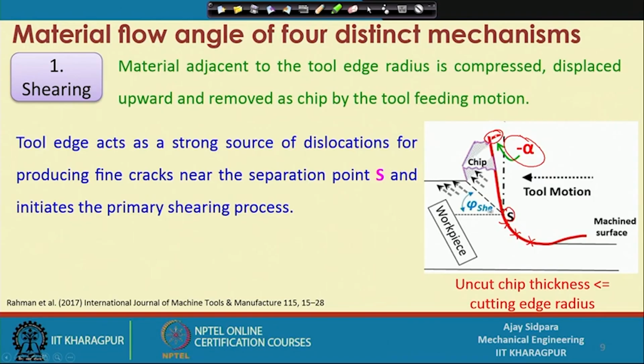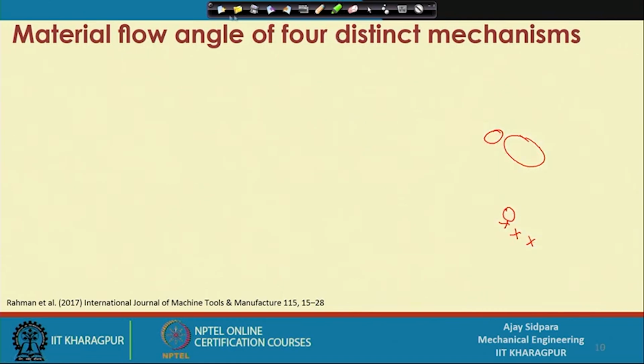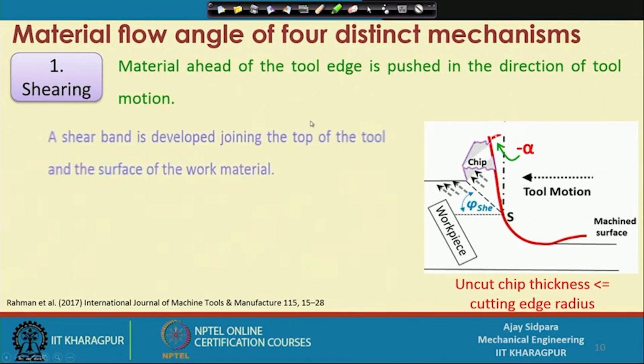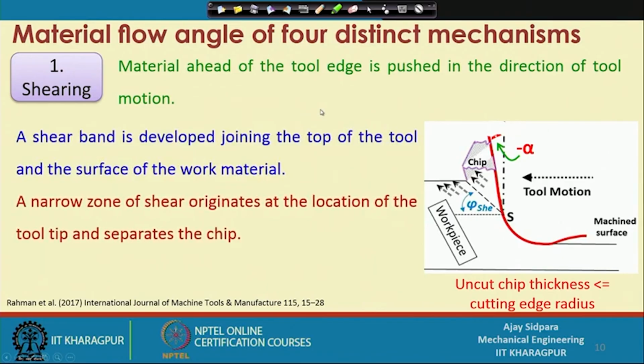So, one after another sequence occurs, and then it removes the material in the form of chip. So, we completed the shearing portion in the last class.